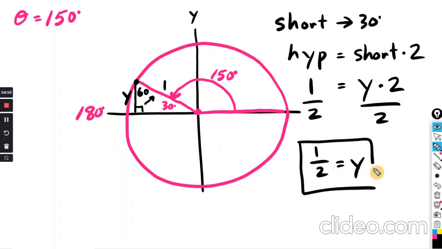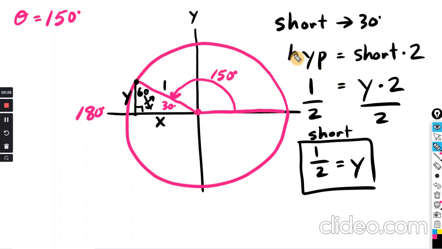All right, so that's the short side. Now for the long side, that will be the side that's across from the 60-degree angle. This side right here is going to be the long side. I'm just going to call that x. Again, you can call it what you want, but to me, it makes sense to call it x since it is the horizontal distance matching the x-axis.